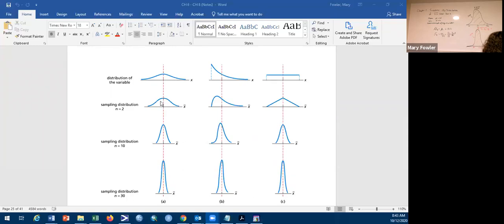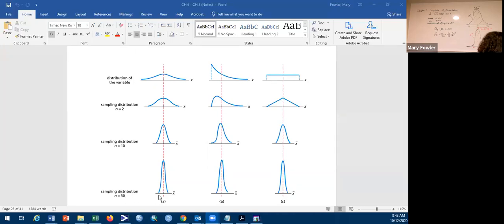So the standard deviation is decreasing here. So this is less spread out than that. And then when we go to the sample of size 10, the distribution becomes even more peaked, right? So a smaller standard deviation, but the shape is still a normal curve. And the same here when we get to 30.